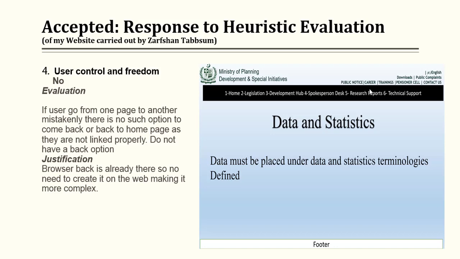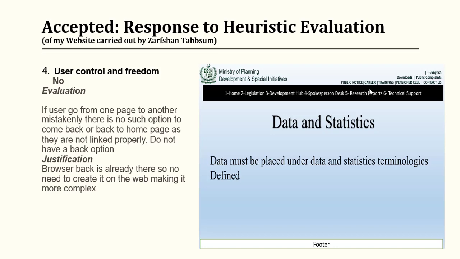Now, the evaluation: if the user goes from one page to another mistakenly, there is no such option to come back or go back to the home page, as they are not linked properly. They do not have a back option. My justification: the browser back is already there, so no need to create it on a web page, making it more complex.